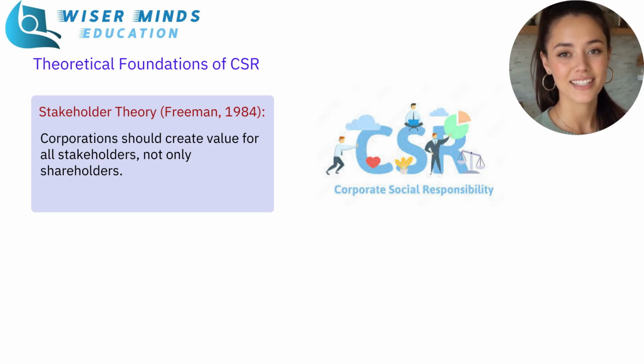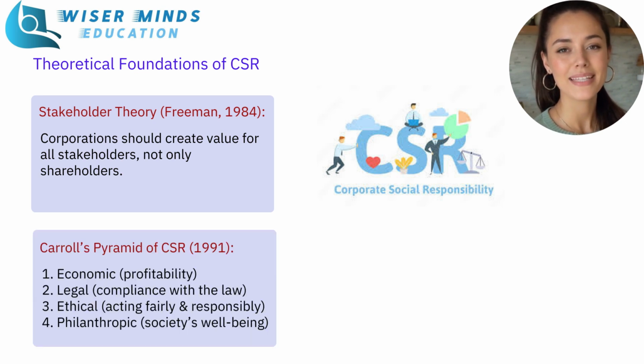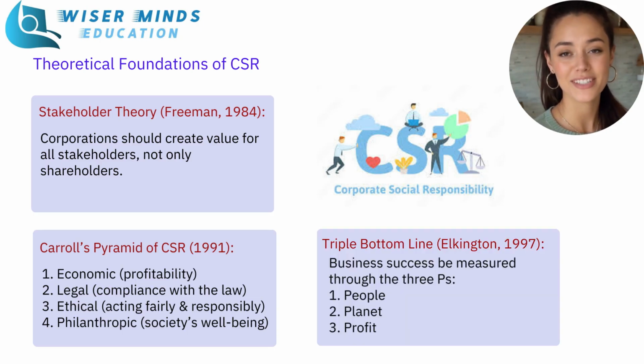Carroll's Pyramid of CSR, 1991: CSR has 4 levels: economic, legal, ethical, philanthropic. Triple bottom line, Elkington, 1997: Business success must be measured through the 3 Ps: people, planet, and profit.